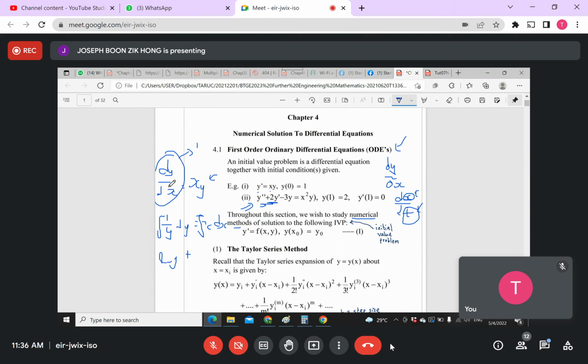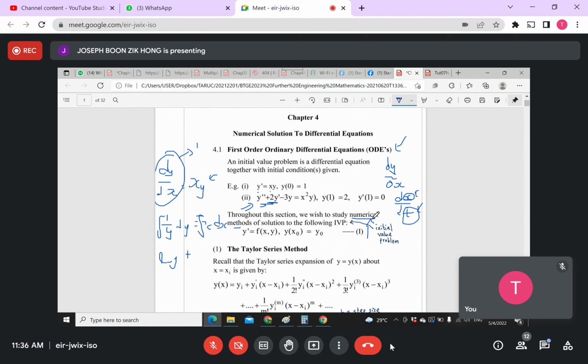Until today we don't have a comprehensive way that can confidently say we can solve every PDE or ODE. So that's why we need numerical methods to solve the equation.